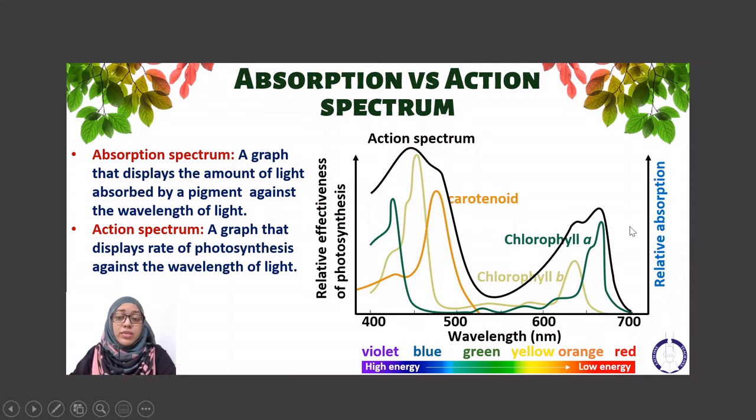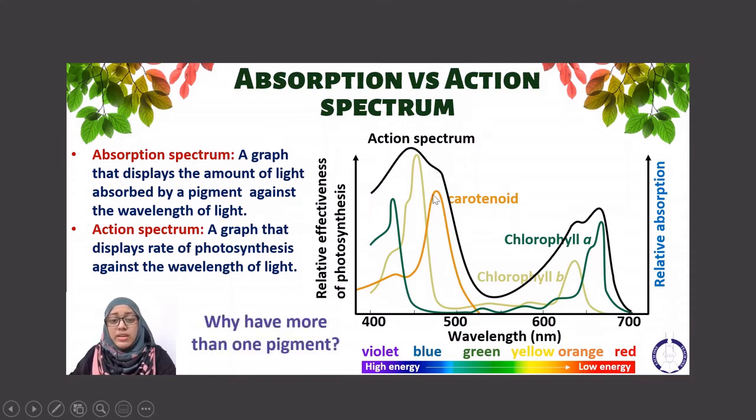One refers to the absorption of wavelengths, whereas the other talks about the photosynthetic activity at those wavelengths. Now as you would know, it's the pigments that absorb the light, and those are used for photosynthetic activity.